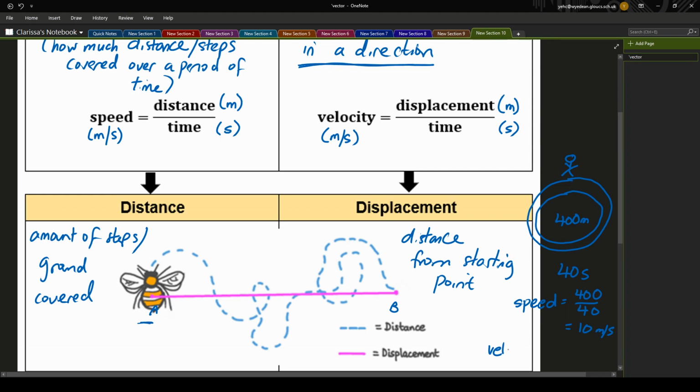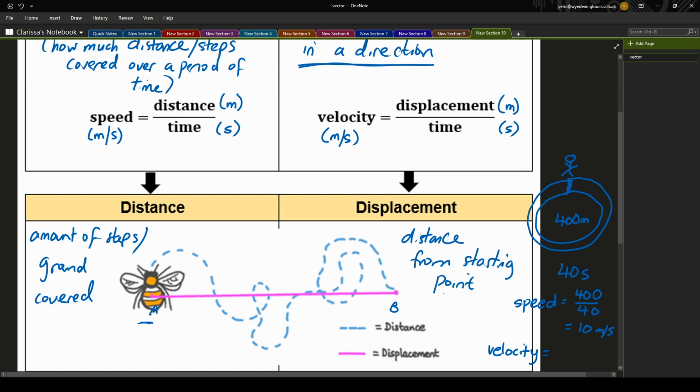But your velocity, have a think about what your velocity is going to be. Because you return to your starting point, your displacement is 0. Because you have traveled 0 distance from your starting point. So you have 0 displacement. So when it comes to velocity equals displacement over time, the value that I would put for displacement is not 400, which is the distance of the circular track.